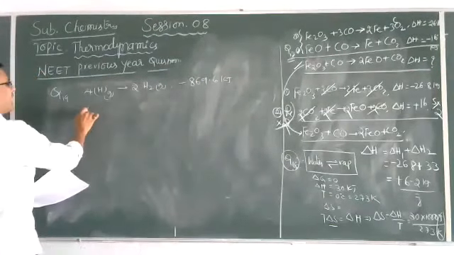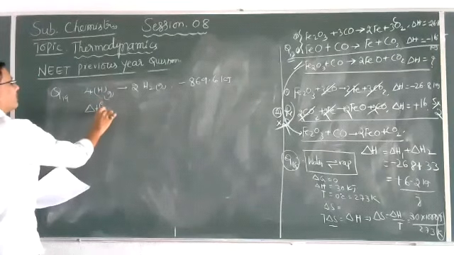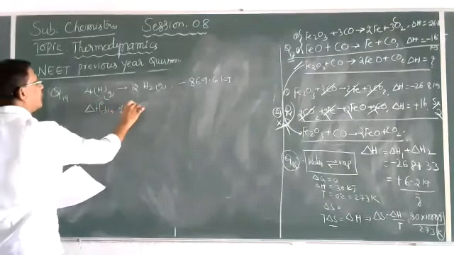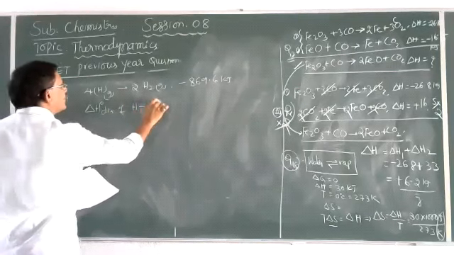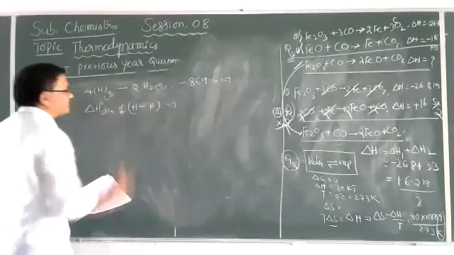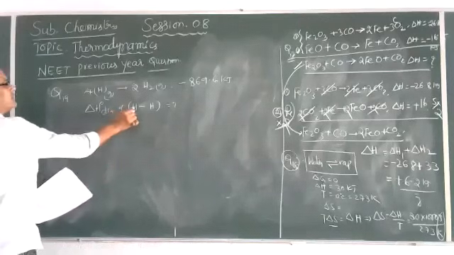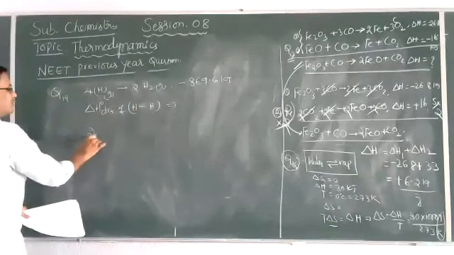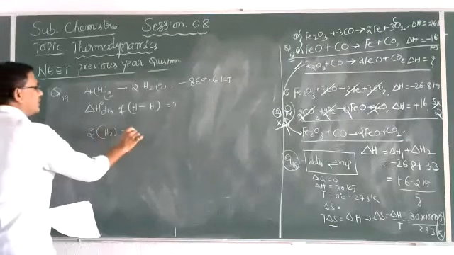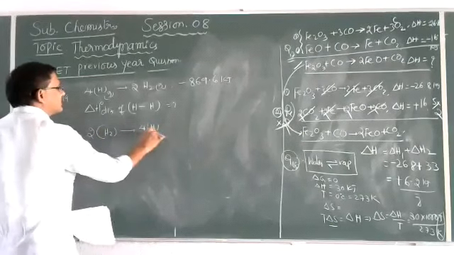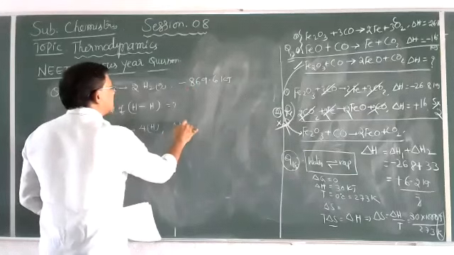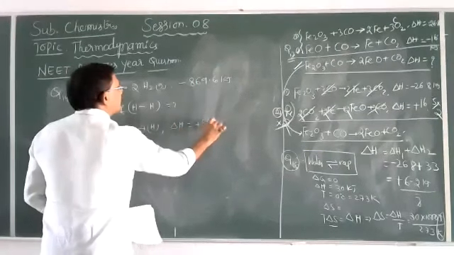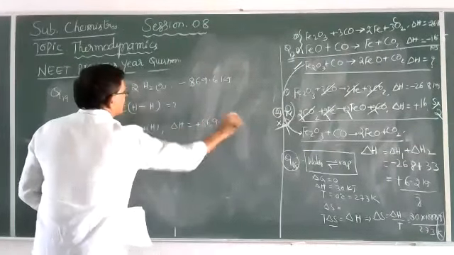What is the dissociation energy of H–H? Now, dissociation means the reverse is compulsorily required. Reverse this reaction: 2 H2 gives 4H. This value is also reversed, that is plus 869.6 kilojoules.